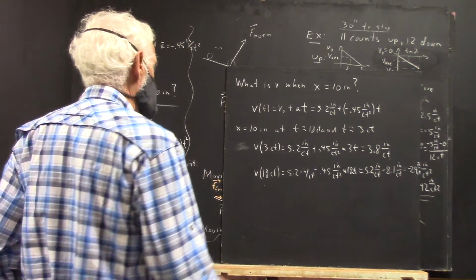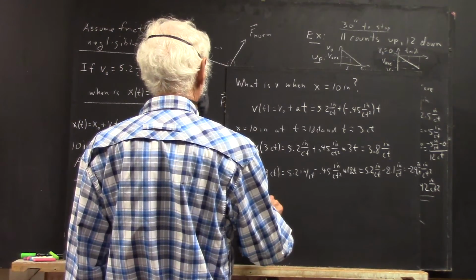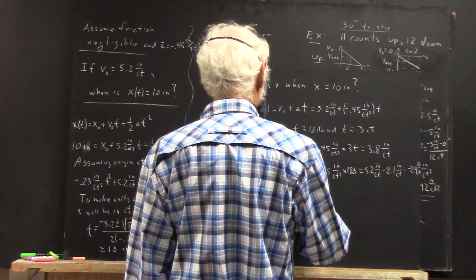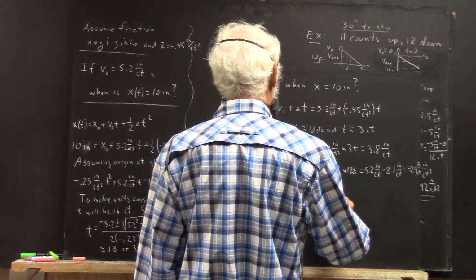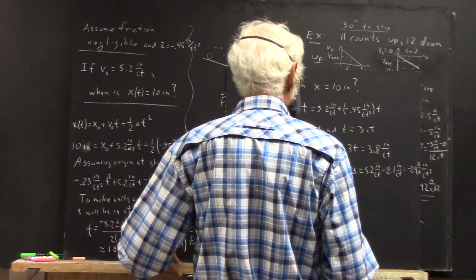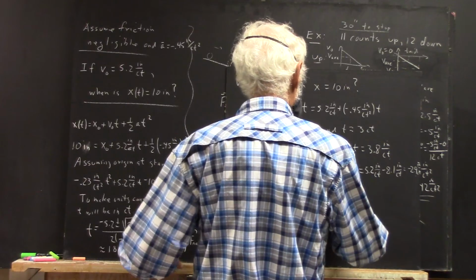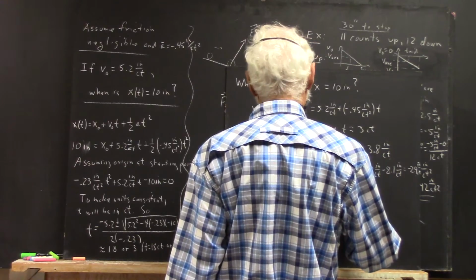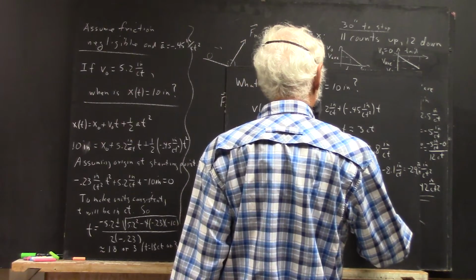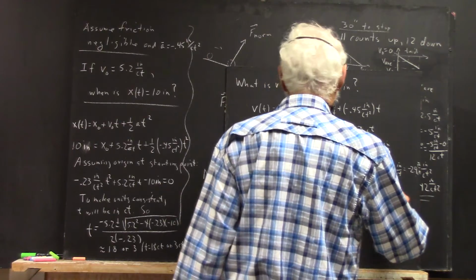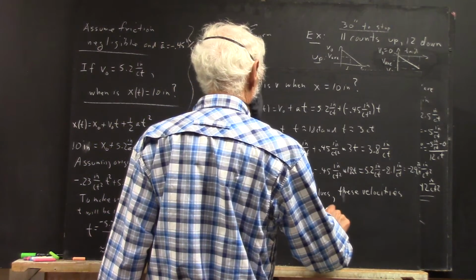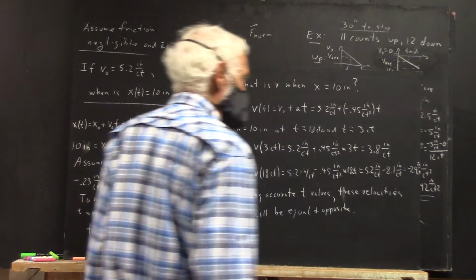Now, if we use accurate t-values, because these are only approximate, those velocities will be equal and opposite.